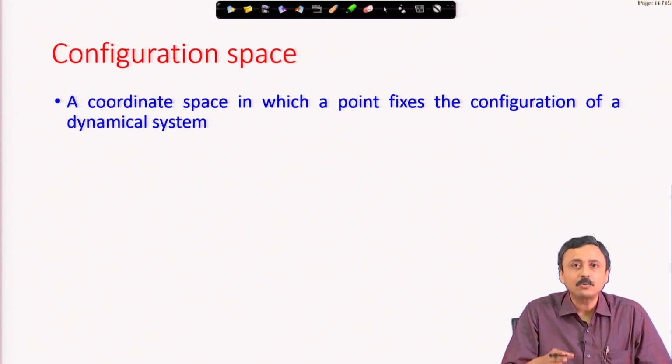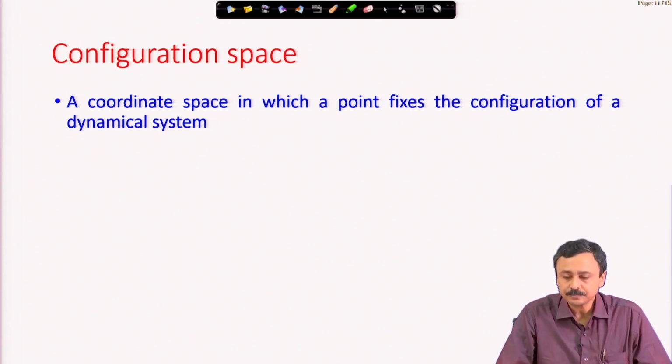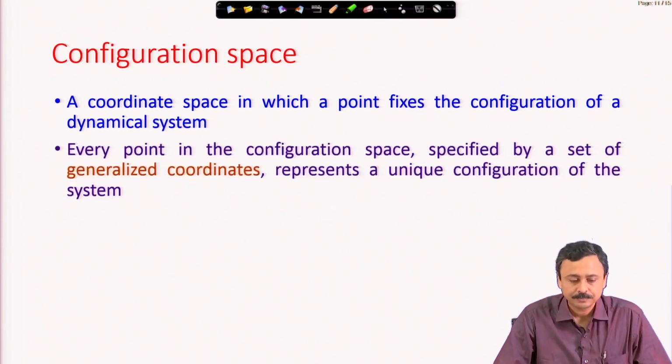Therefore, the configuration space of the orientation of a rigid body is a point in this 4-dimensional space and on a unit sphere. This was the Euler parameters, the space of Euler parameters, the 4-dimensional space. Therefore, the configuration space in which a dynamical system evolves is a space in which a point represents the complete configuration, this point fixes the configuration of the dynamical system.